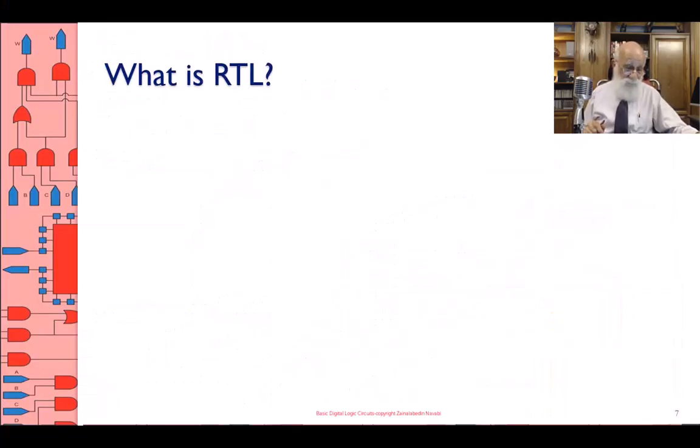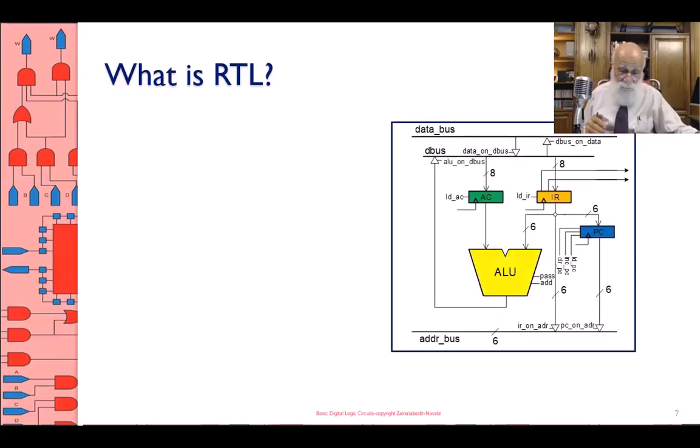What is that thing? What is RTL? This is just a zoom of that little RTL that I was showing. RTL has adders, multiplexers, registers that are sequential components, which I'm not talking about here. It has bus structures or multiplexing. These are multiplexings. Comparators.